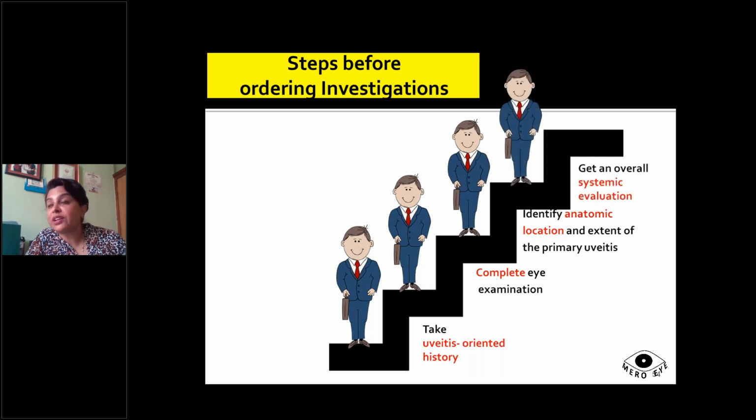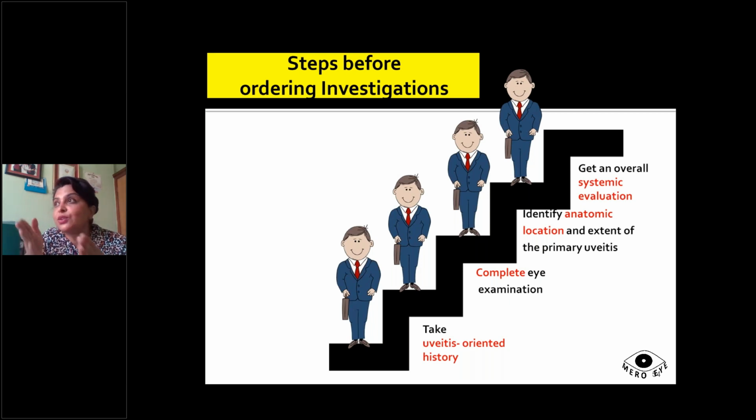Then don't forget about the systemic evaluation. If the patient is having a painless mouth ulcer, and the patient gives a history of staying abroad, this could be a case of syphilis. If the patient is giving a history of chest symptoms and some skin rashes, it could be a case of sarcoid.